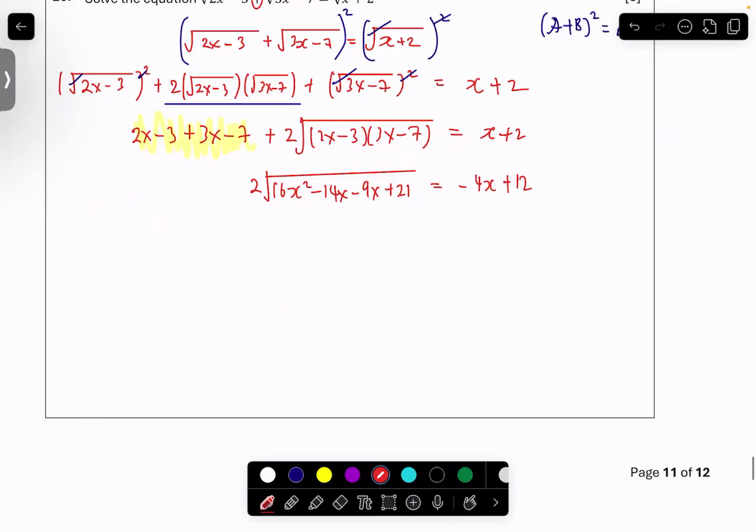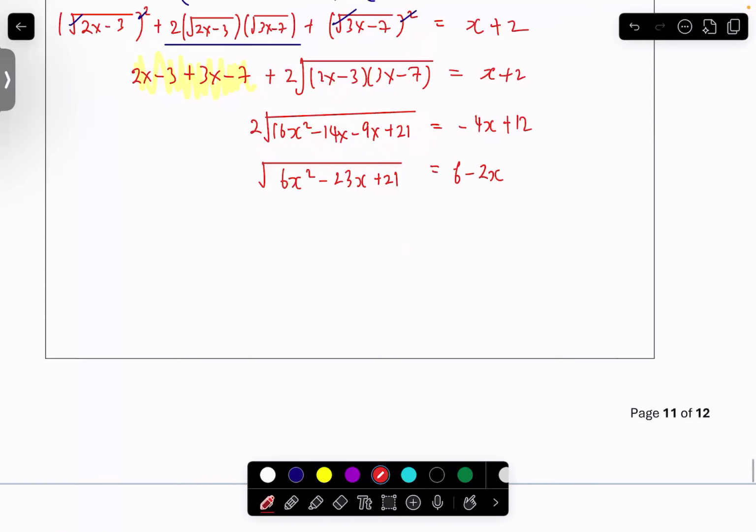I'm going to divide by 2 so that we'll get the square root of 6x squared minus 23x plus 21 equals negative 6 minus 2x. Change the position.